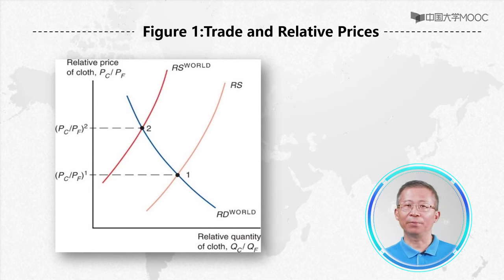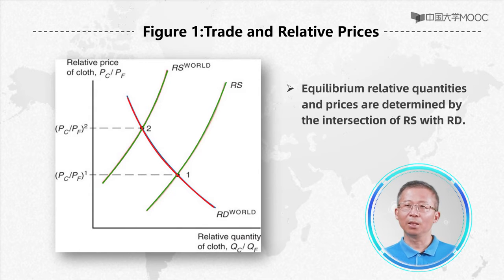Look at figure 1. The relative supply, RS, is upward sloping. The relative demand, RD, is usually downward sloping. The equilibrium relative quantities and prices are determined by the intersection of RS with RD, if trade exists.